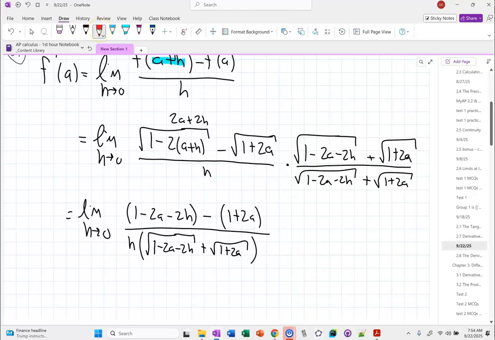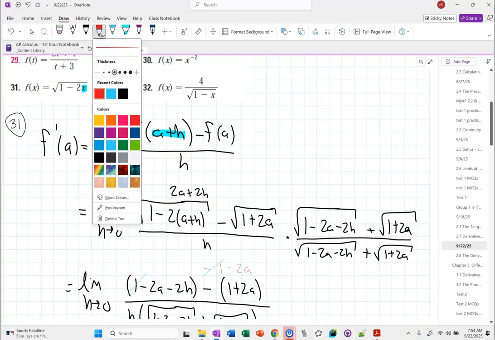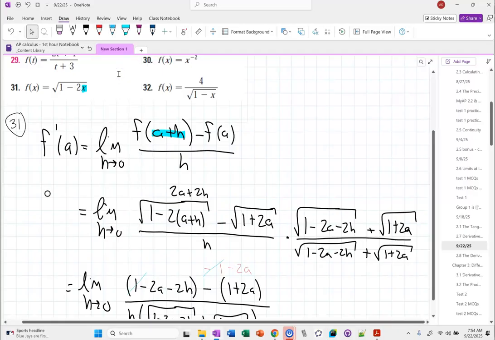So if I distribute this negative sign through, oh, uh-oh. So that's a minus sign there.